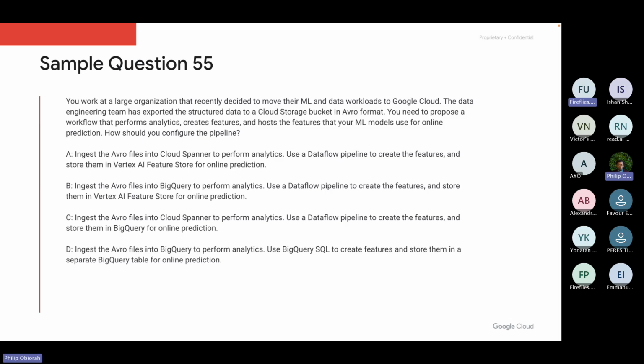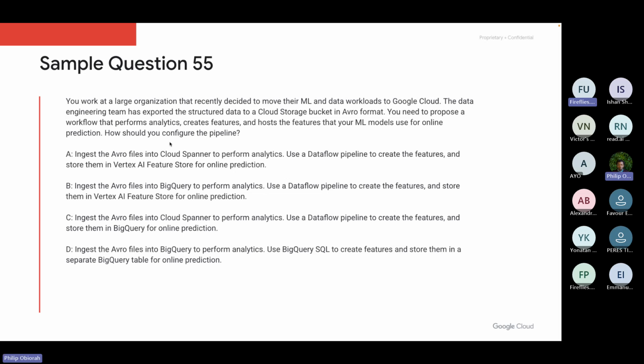So our answer will be B. Now you know why it's B, right? Because we're using BigQuery to perform analytics, and then we design a pipeline that creates the features and stores them on Vertex AI just for online. So the good thing is Vertex AI for online prediction and BigQuery for analytics.